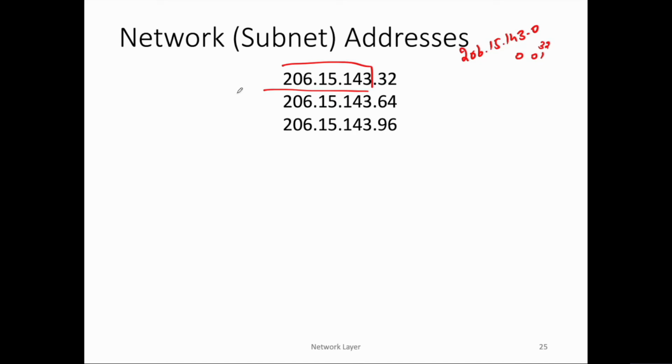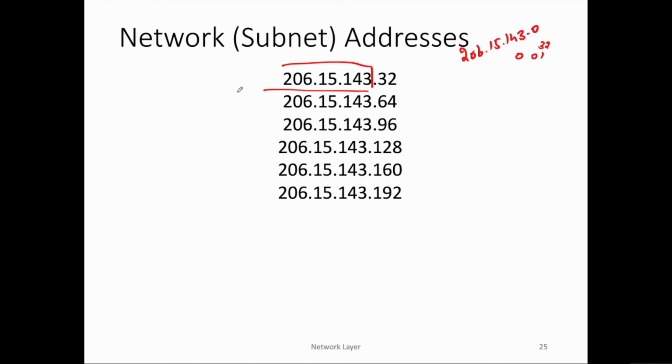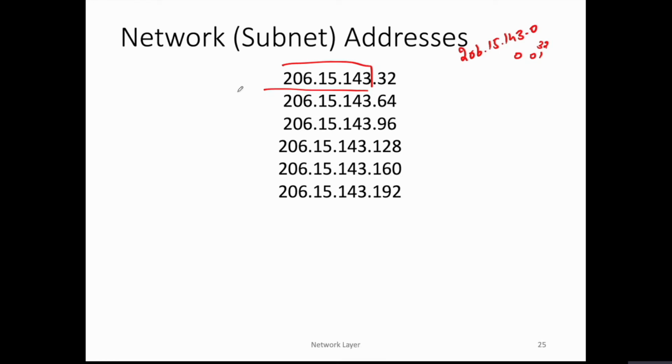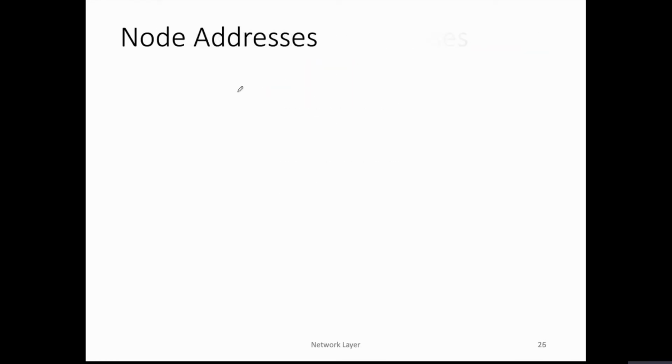What is the value of the next subnet address? 206.15.143.96. Again I add 32 to 96: 206.15.143.128, 206.15.143.160 by adding 32 again to 128, and then 192. So these are the 6 usable subnets that I can use to create host addresses.